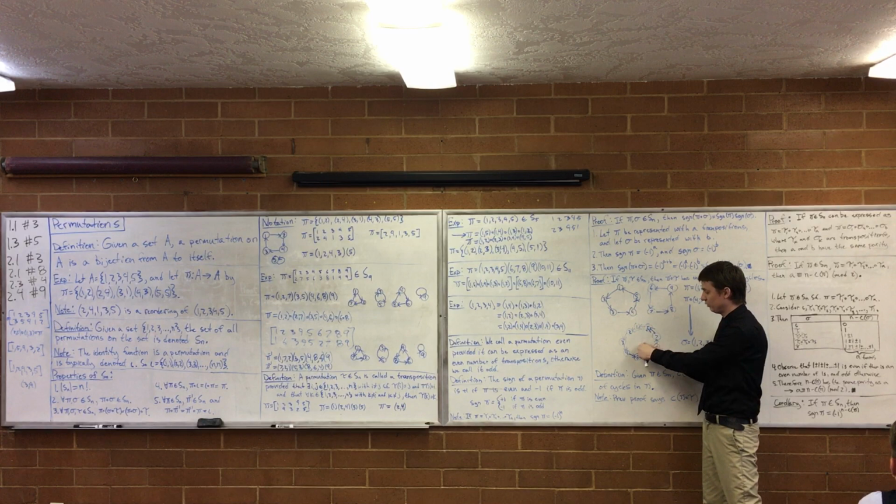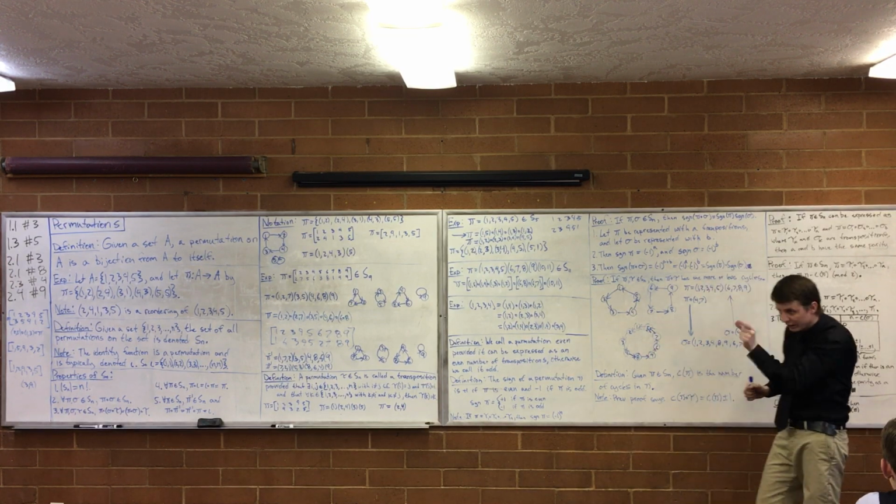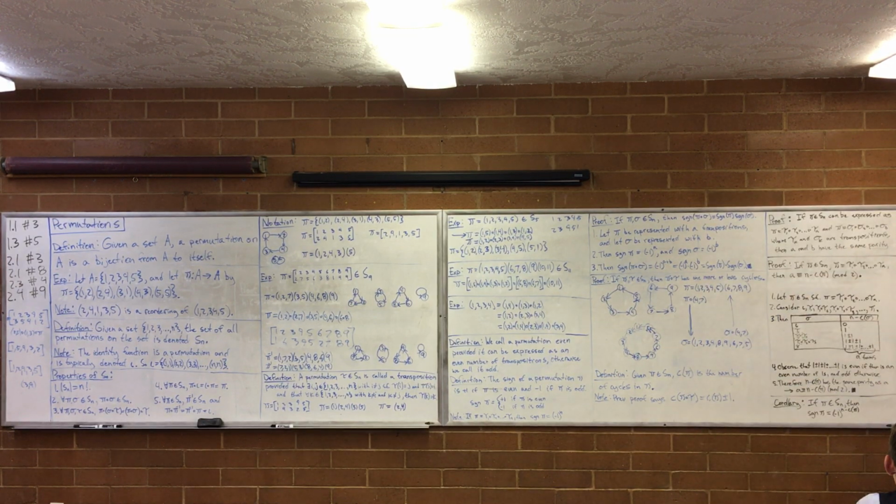So I was combining two cycles to make one, because every element's in its own cycle. I can't have two elements in the same cycle because every cycle is just one element. So when I applied a transposition to the identity, I guaranteed I took away a cycle. So this is now one smaller than it was before, and the whole number is one bigger than it was before. Does that make sense? Yeah, it does. Okay.